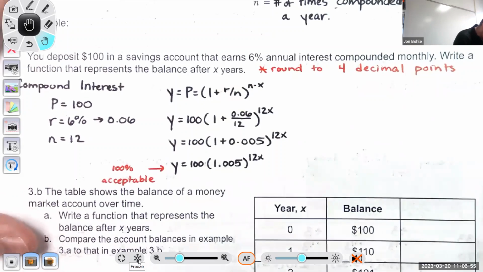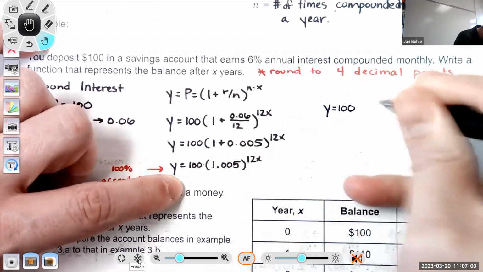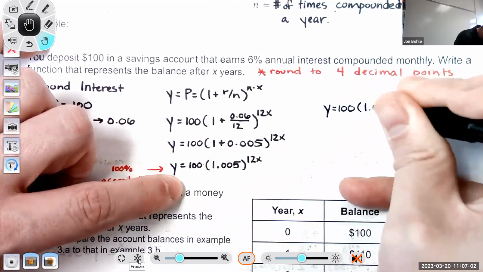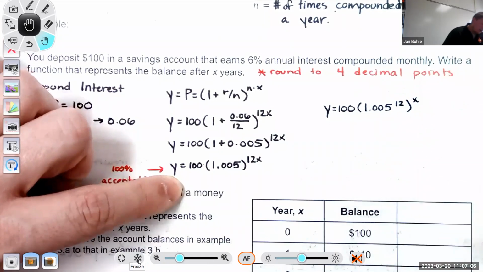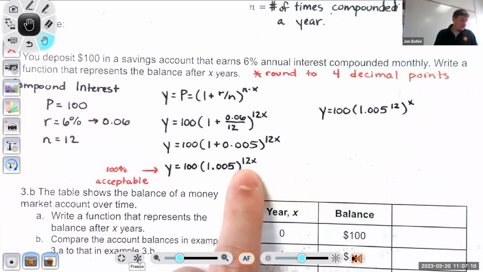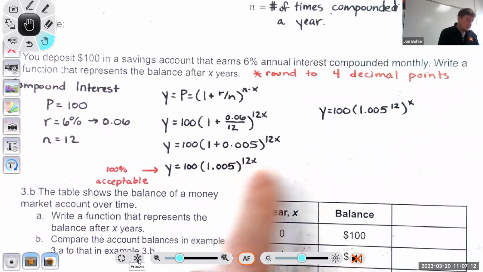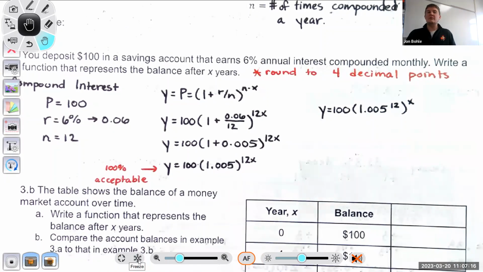Multiply them. So what I can do is take this equation and go 1.005 to the 12th power to the x power. Because we have 12 times x, power to power tells me I can split it up. I'm just using that property in reverse.